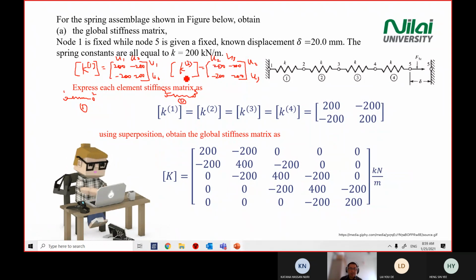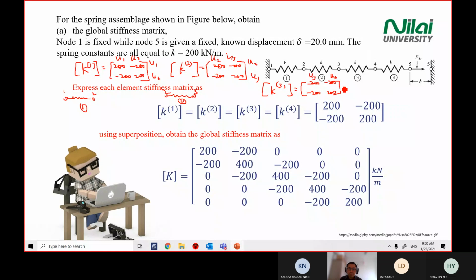Okay, and then I repeat the same. If I write element number 3, element number 3 is this one. So we are looking at nodes 3 and 4. So when you write the stiffness matrix 200, -200, -200, and 200, the 200 here represents node number 3 and node number 4.